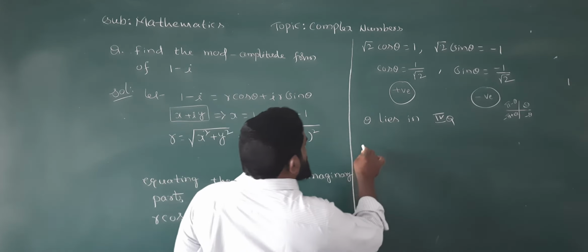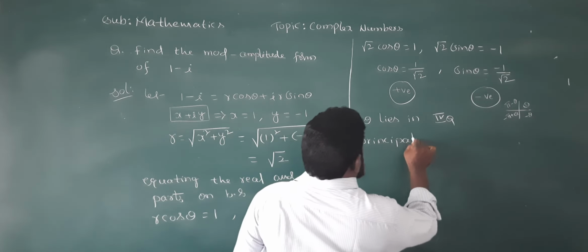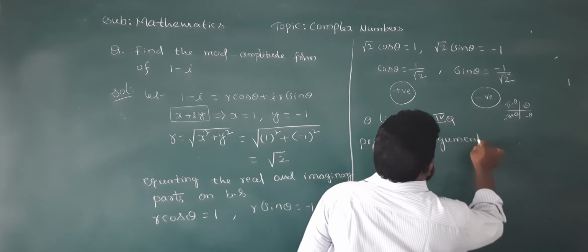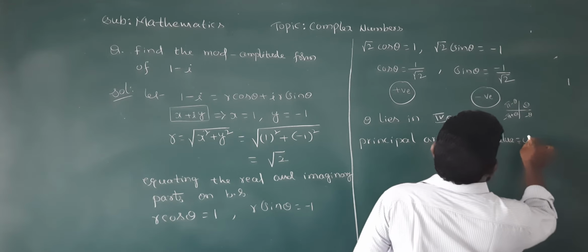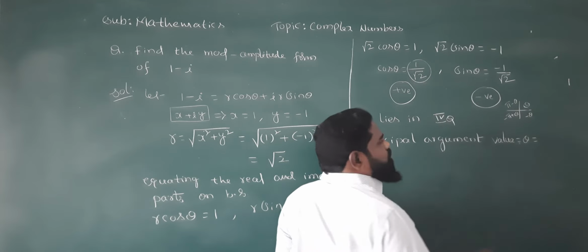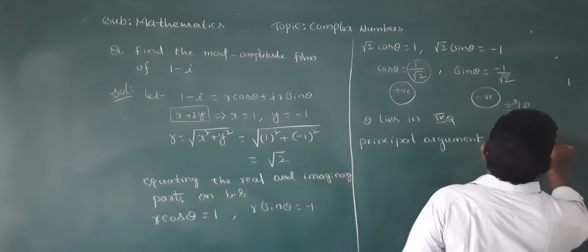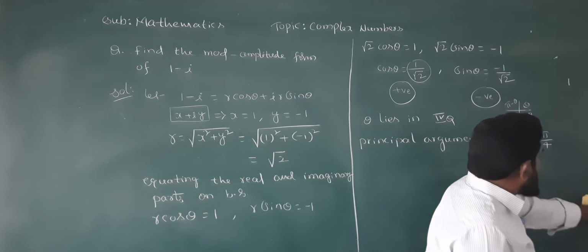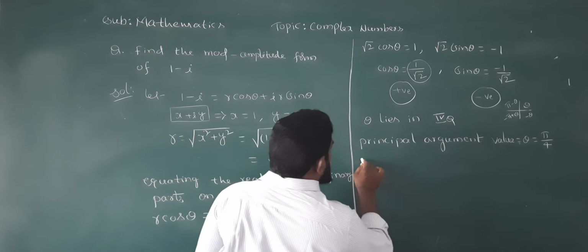So the principal argument value is theta, for what value of theta will 1 by root 2 come in the cos function and sin function? 45 degrees, in radians pi by 4. This is the principal argument value.